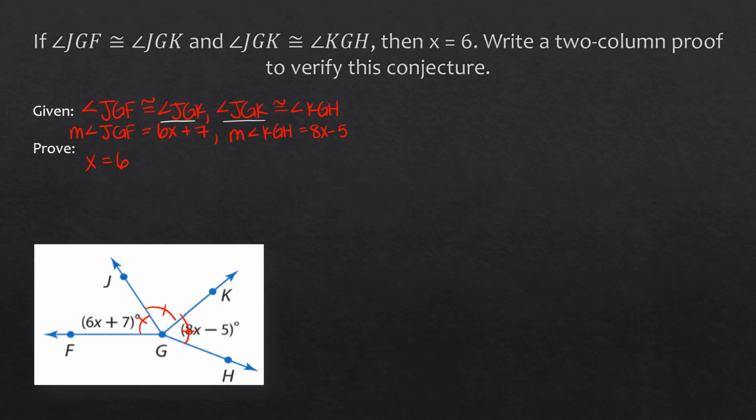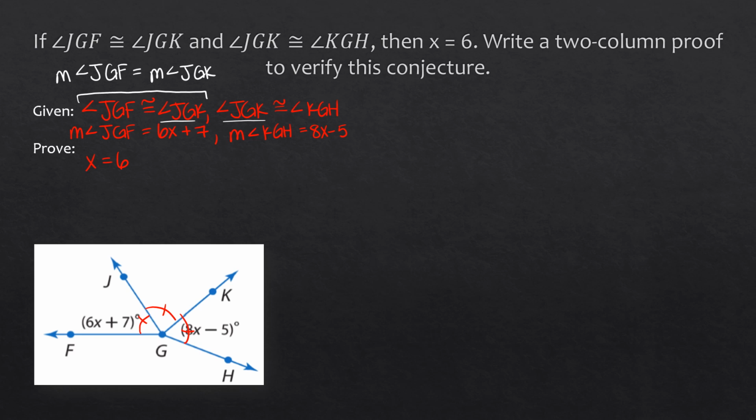And that means basically rewriting, let's take this for example, that congruent statement to say, well, if they're congruent angles, then we also know that their measures are equal. The measure of angle JGF is equal to the measure of angle JGK. And we could write the same sort of thing for the other congruence statement.